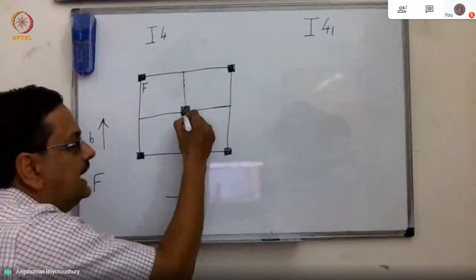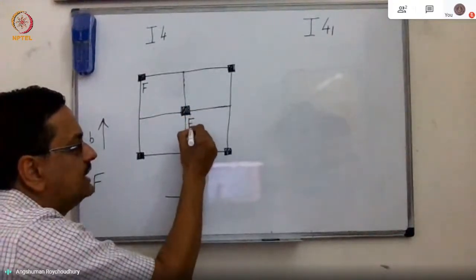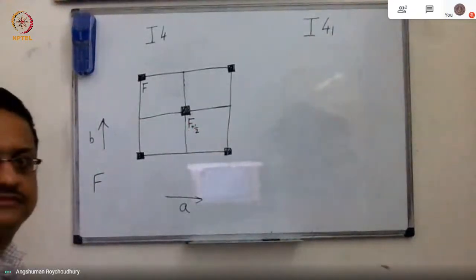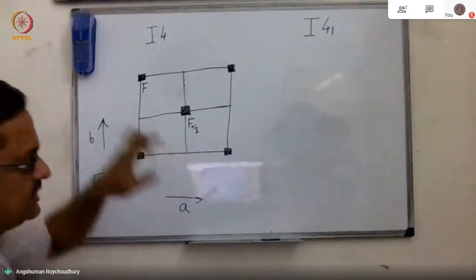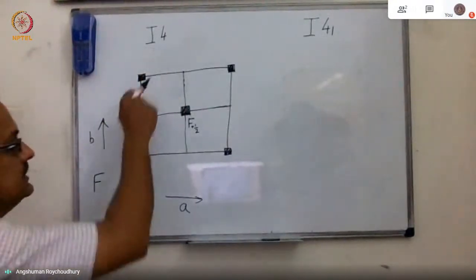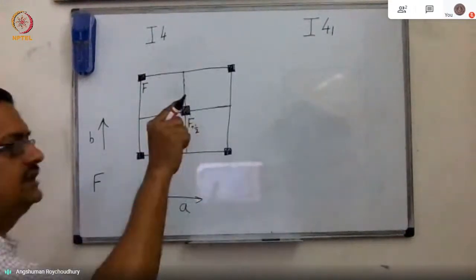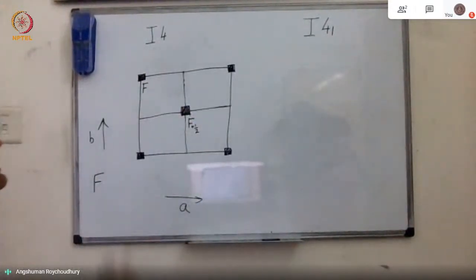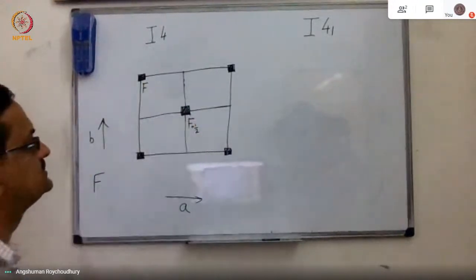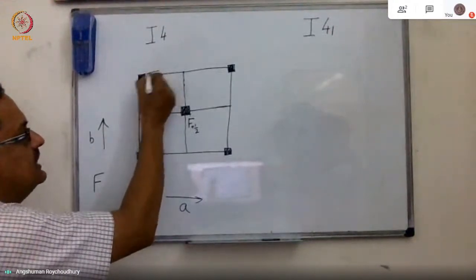So you write F with a plus half sign, which means this F is projected on the board, but actually it is halfway up the unit cell. It is halfway along B, halfway along A, and halfway along C. Now we apply the fourfold axis to these 2 objects. When you do a 90-degree rotation, it goes there.